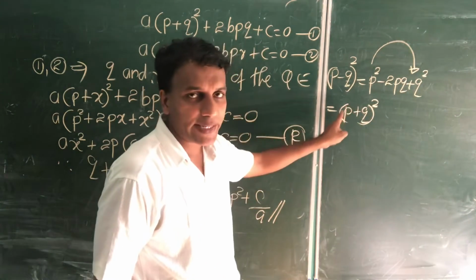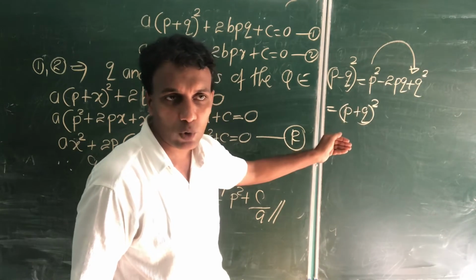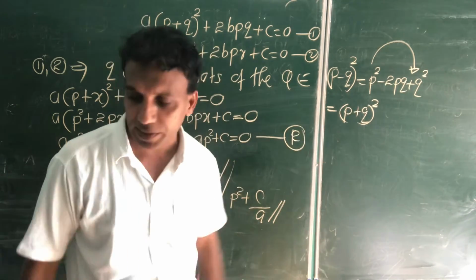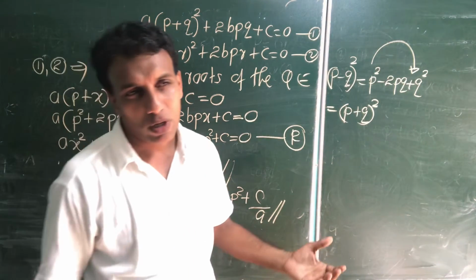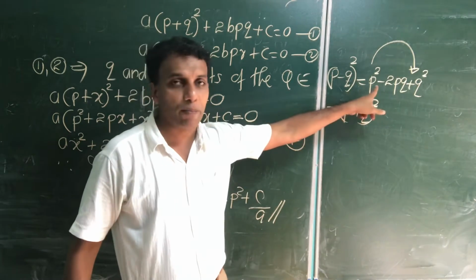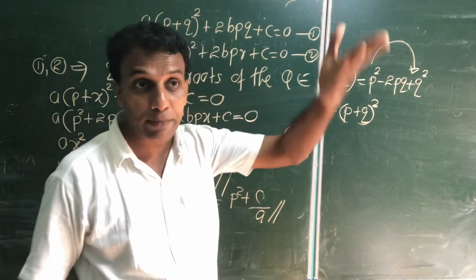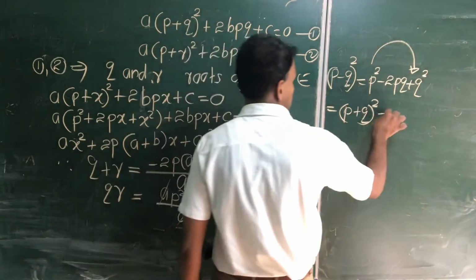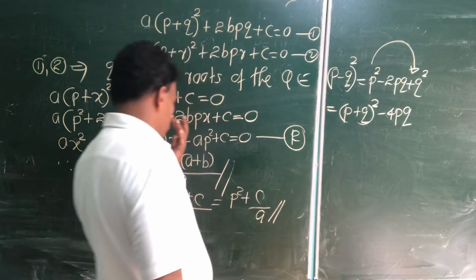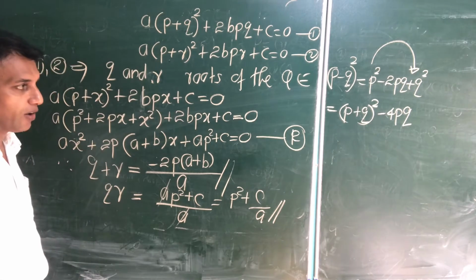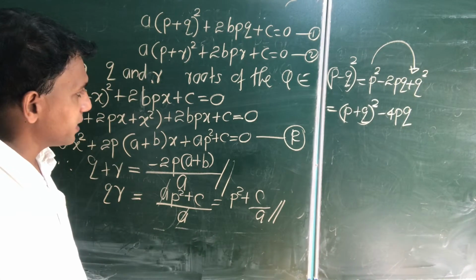If you expand this, plus 2pq is an additional part. Therefore, to remove the additional part, subtract the 2pq. But already 2pq is subtracted, therefore totally 4 times to be subtracted. Minus 4 times pq, right? That's all. Here you have the answer. If you simplify this, you can get these answers.